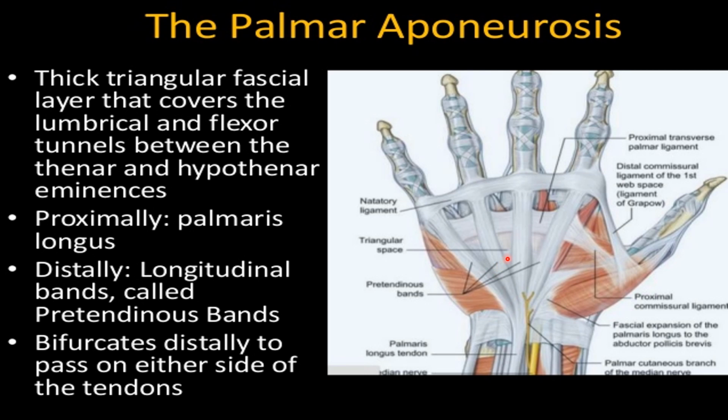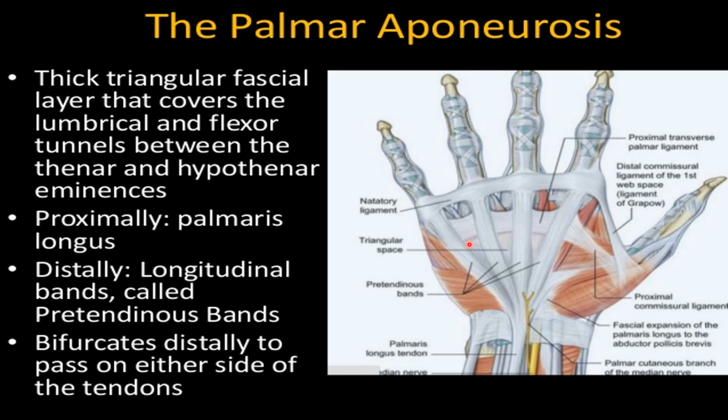So proximally, this palmar aponeurosis is triangular in shape as you can see in this picture, and proximally it is attached to the palmaris longus tendon. So the apex of the palmar aponeurosis receives the insertion of the palmaris longus tendon, and at the base it divides at the base of the fingers into four slips.